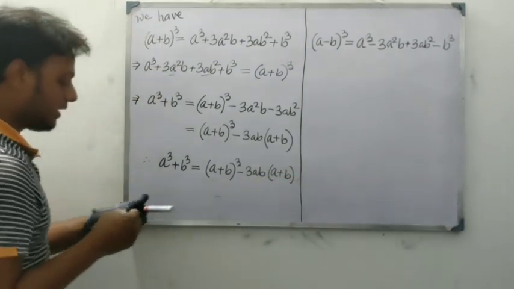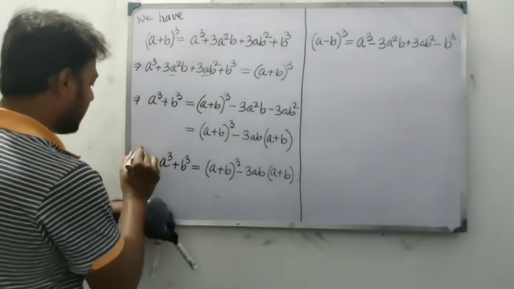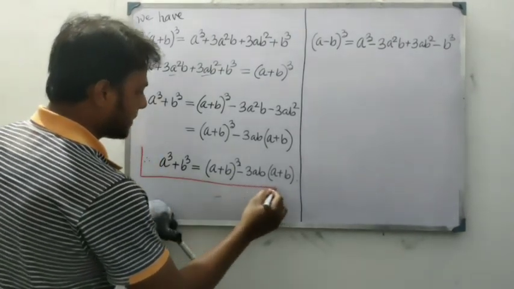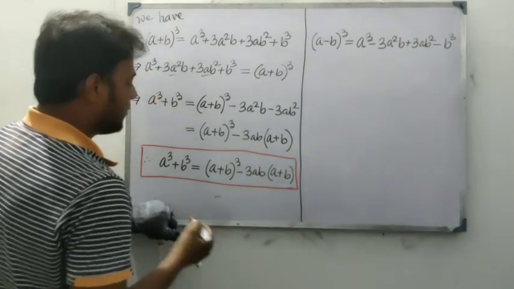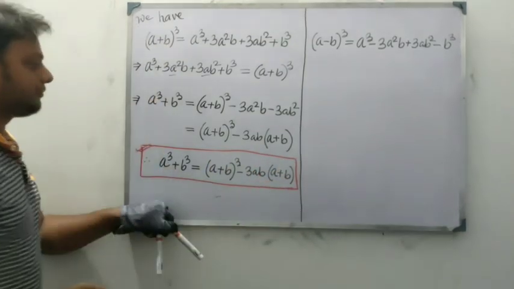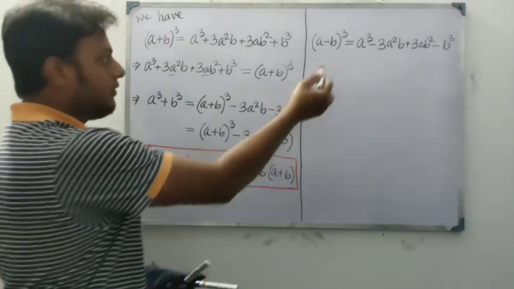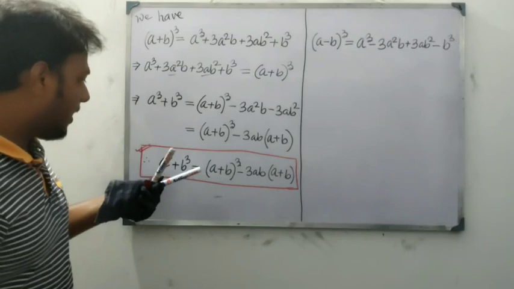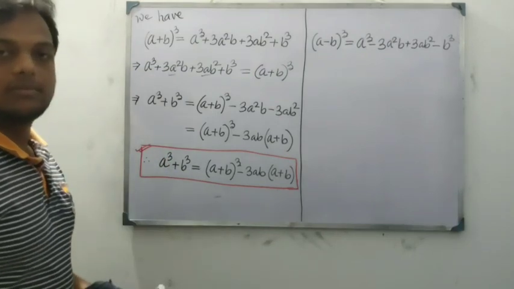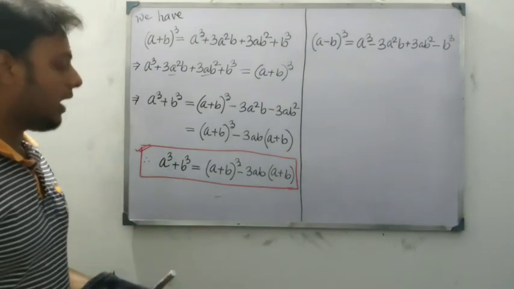So you have to memorize this result also. This is one more important identity, and we have derived it from the first one, (a + b)³. So this identity you have to memorize. Clear? Similarly, for the second one, in a similar manner you can derive the identity for a³ − b³.